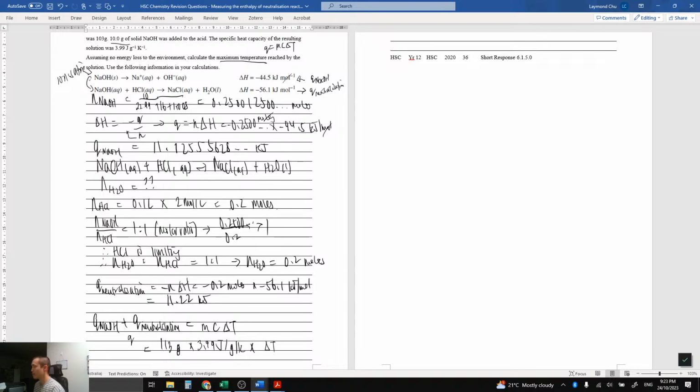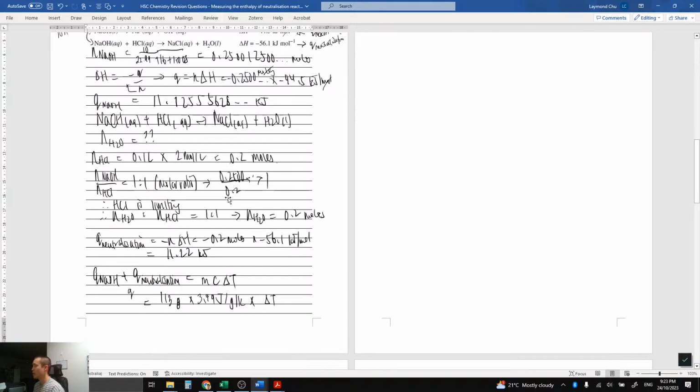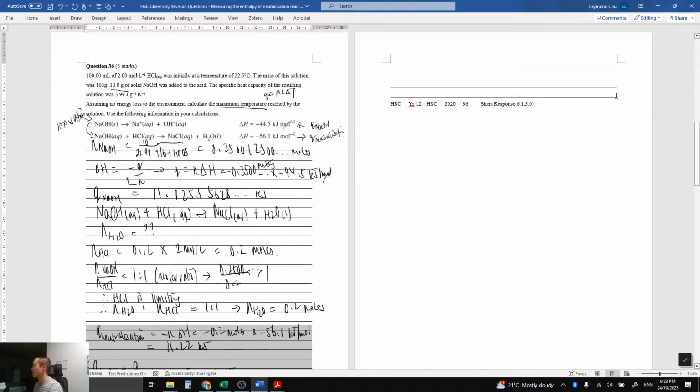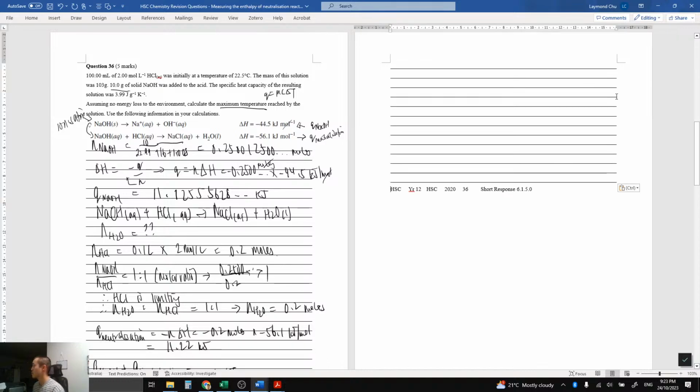Okay, so if we can move everything except for the ΔT to the other side, we should be able to find ΔT. So ΔT should equal the sum of all the Q's, a bit of maths there, over essentially mc. What's mc?